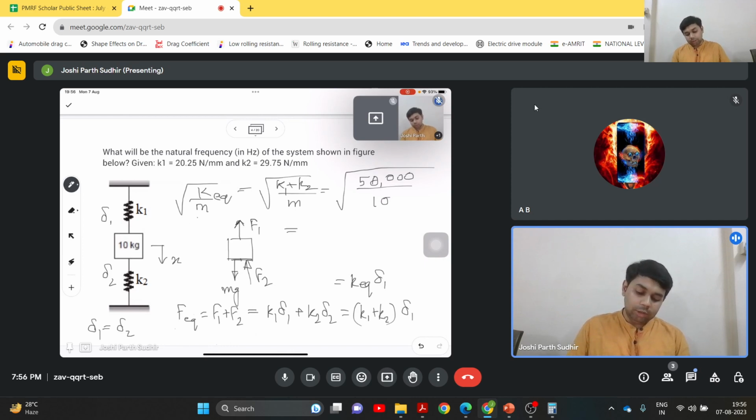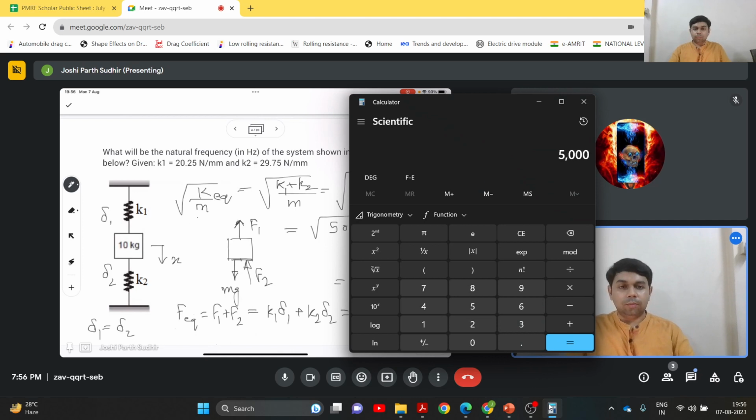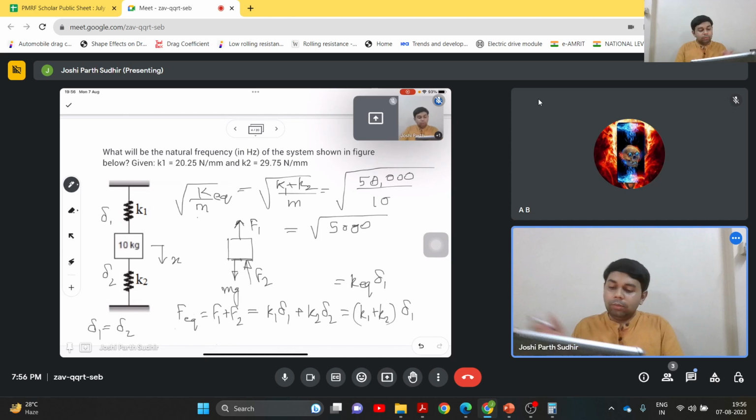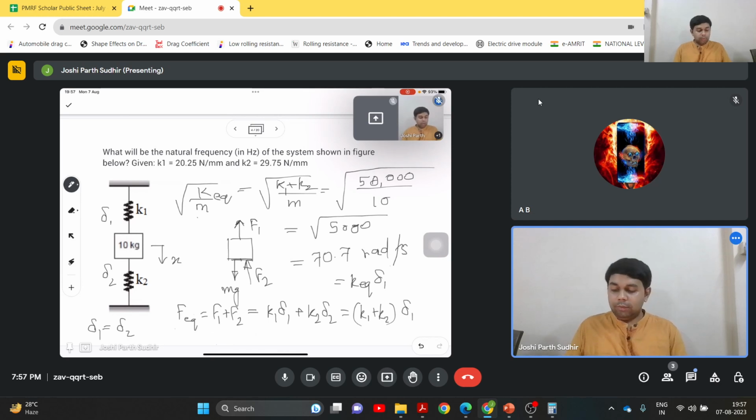So it is root of 5,000, which is around 70.7 radians per second. That's the natural frequency of this system.